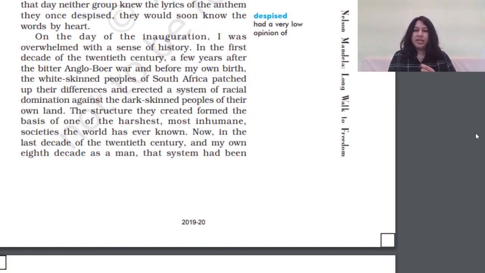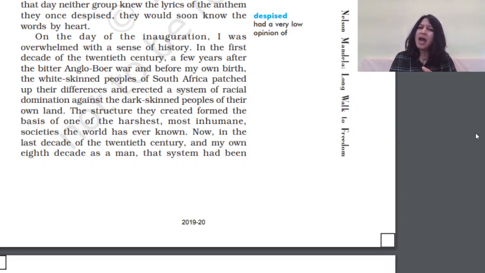On the day of the inauguration, I was overwhelmed with a sense of history. In the first decade of the 20th century, a few years after the bitter Anglo-Boer War, and before my own birth, the white-skinned peoples of South Africa patched up their differences and erected a system of racial dominance against the dark-skinned people of their own land. The structure they created formed the basis of one of the harshest, most inhumane societies the world has ever known.